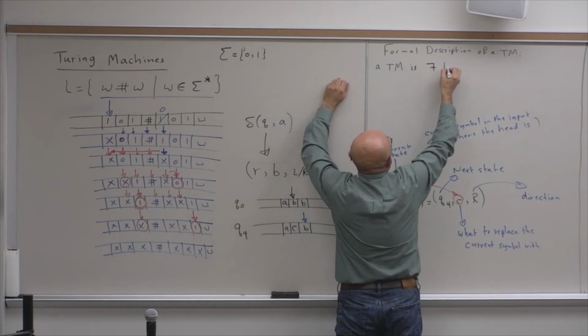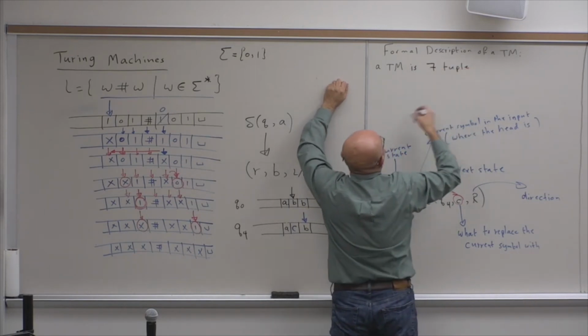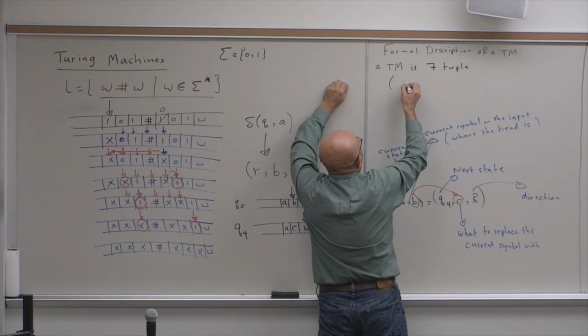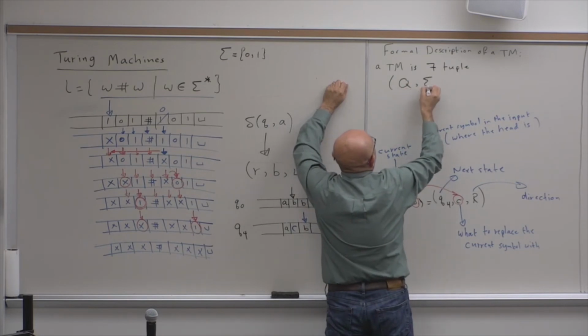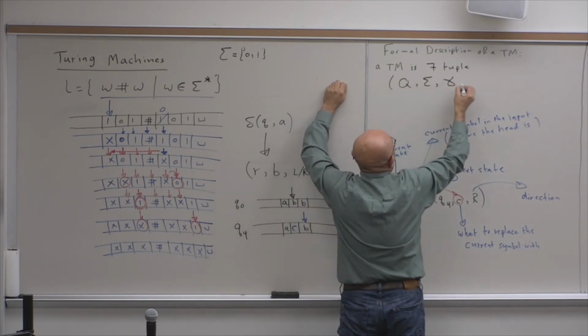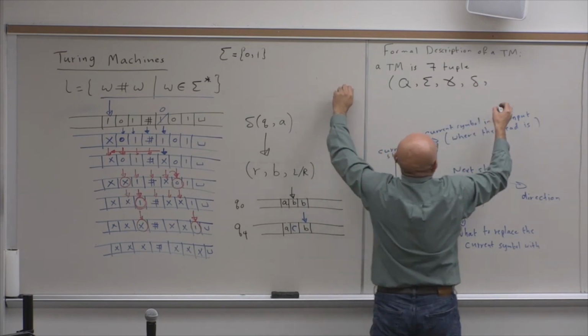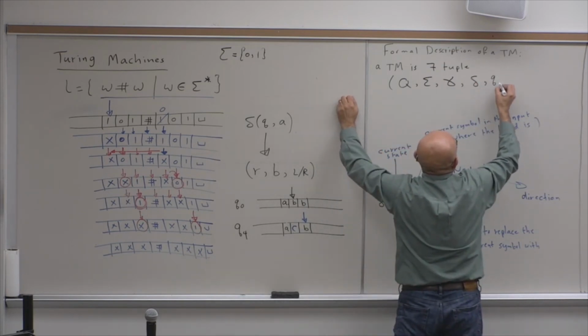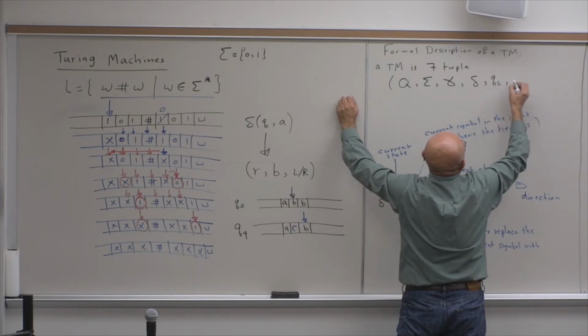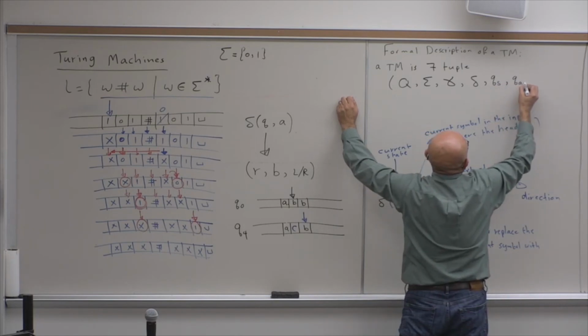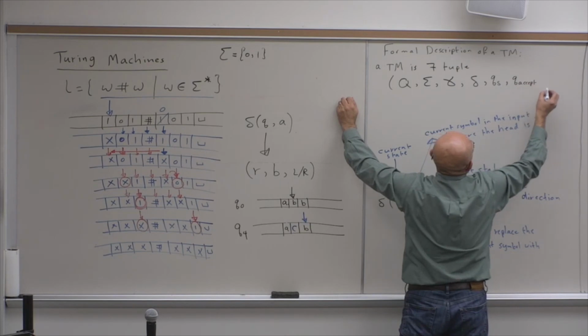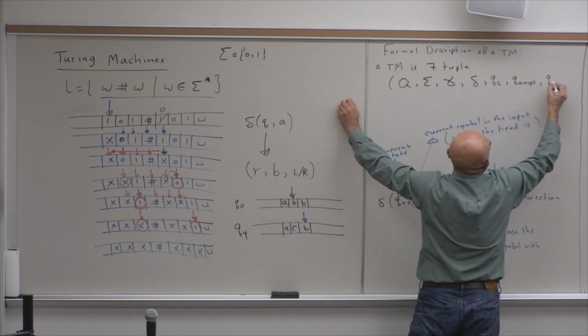It will have Q, sigma, gamma, delta, Q sub S, Q accept, and Q reject.